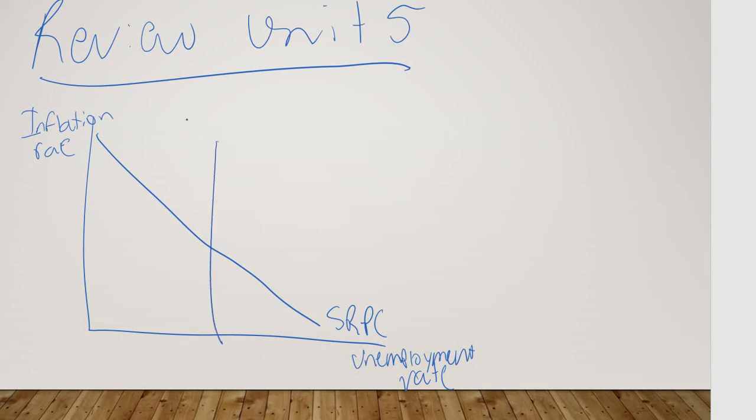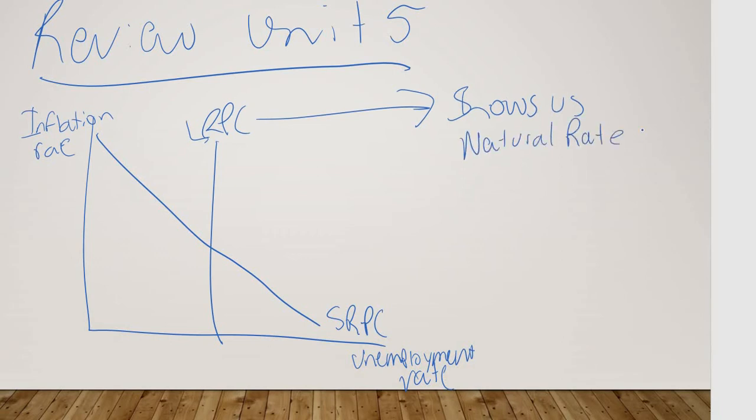Remember, the long run Phillips curve shows us the natural rate of unemployment. So whatever that number is, that'll be the long-run Phillips curve. That is the only thing that will shift the long-run Phillips curve. Everything else will deal with the short run Phillips curve, okay?